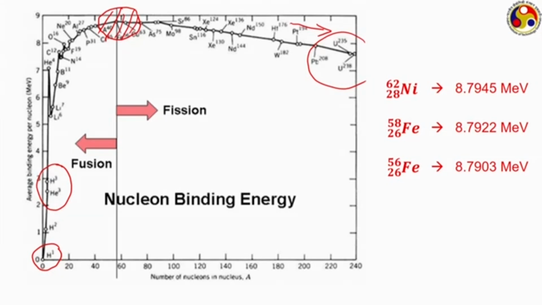Now, a nucleus which is heavier, that is, one with a mass much higher than 60, can only move in that direction by getting broken into two pieces. That means one heavier nucleus being broken into two smaller or lighter nuclei, so that each newly produced nucleus can have a mass number close to 60.